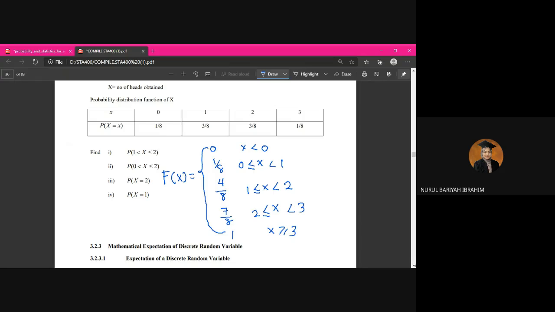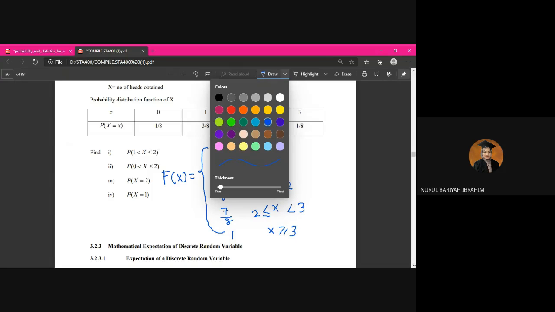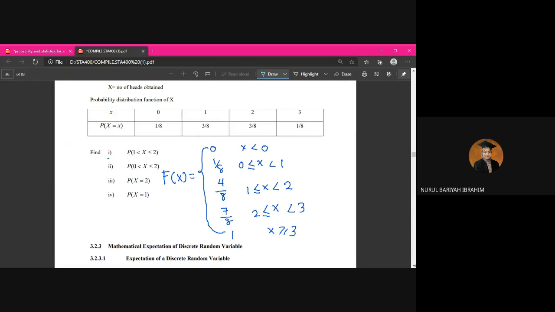So how to do this? X more than 1, less than or equal to 2. So apa yang boleh buat dekat sini? Okay. So it will be, kita boleh katakan probability of, kena jadikan dia X less than equal.